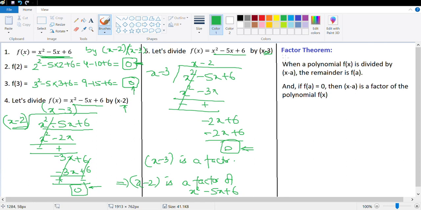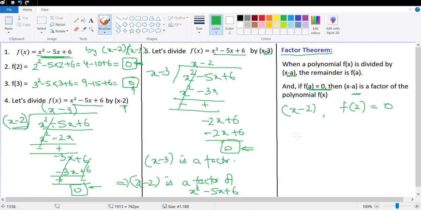Factor theorem states when a polynomial f(x) is divided by x minus a. In this case, we divided it first by x minus 2. Remainder is f(a). In this case, remainder of f(2) was 0. And if f(2) is 0, then x minus a is a factor of the polynomial f(x). Basically, remainder theorem and factor theorem are exactly the same.